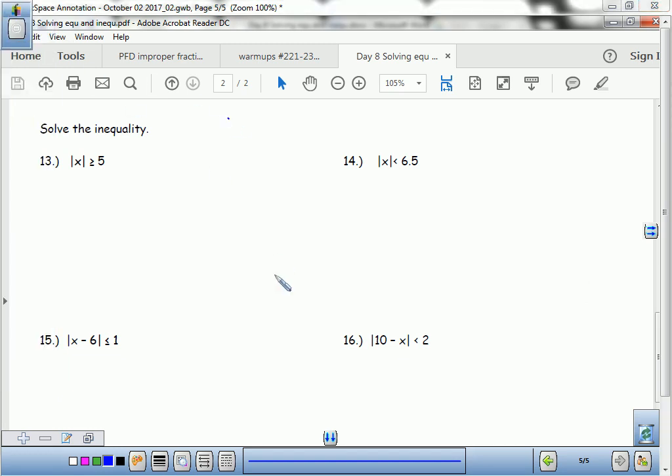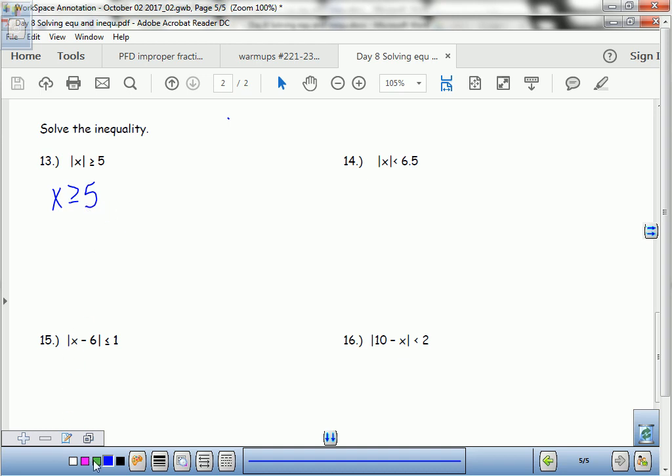Okay, the steps for this are very similar. The first thing we have to do is isolate the absolute value, which it's isolated on the first several. And then the second thing we do is we split it into 2 inequalities. So just like with equalities, we split it into 2 equations. Here we split it into 2 inequalities. So for the first one, it's already isolated, so then we can go ahead and split it. So the first one stays exactly the same. Okay?